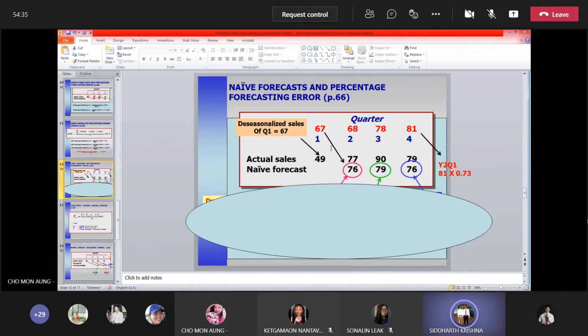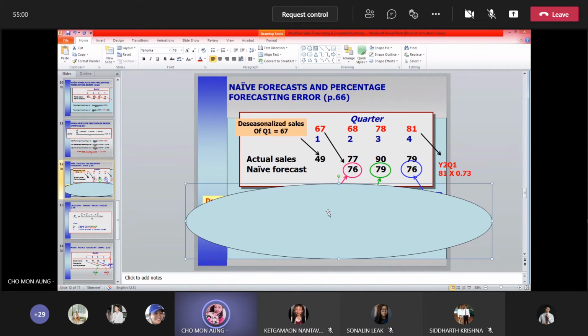Yes. Did I answer your question completely now? Yes. The deseasonalized sales data. Yes. We adjusted previous actual sales data to fit the current situation in forecasting. So we adjusted, okay?